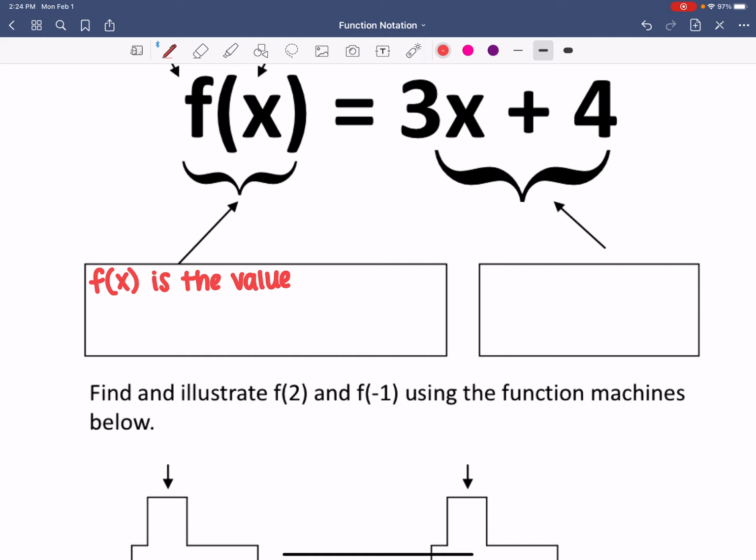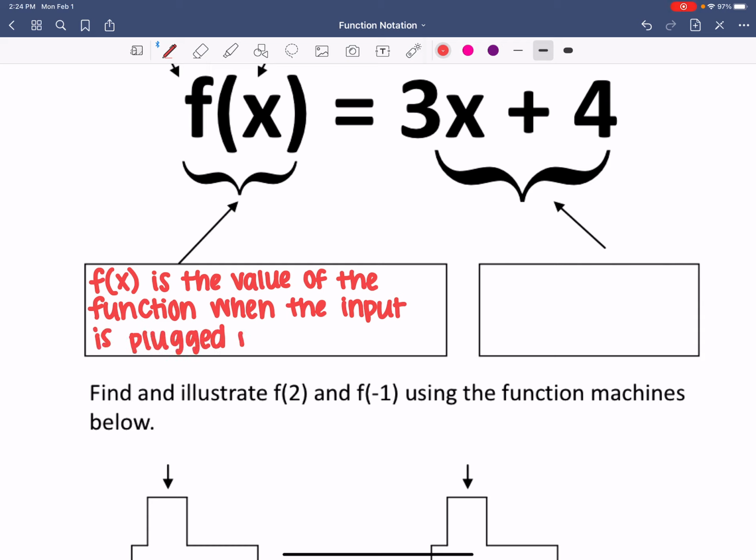You can kind of think of it as the y value. So f of x, the left-hand side, is the overall value, the output.